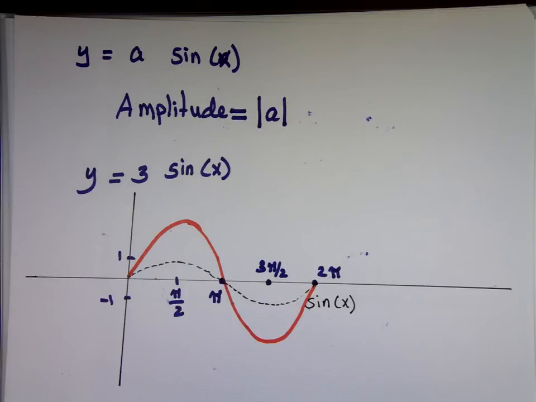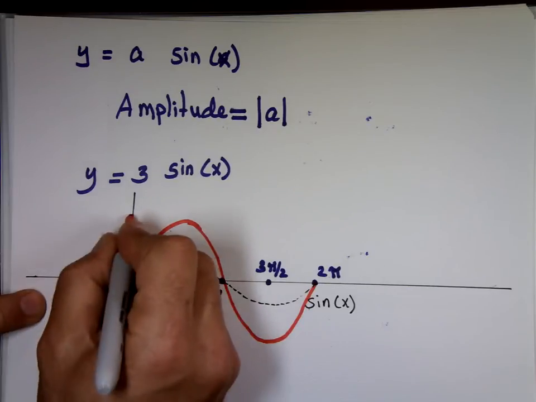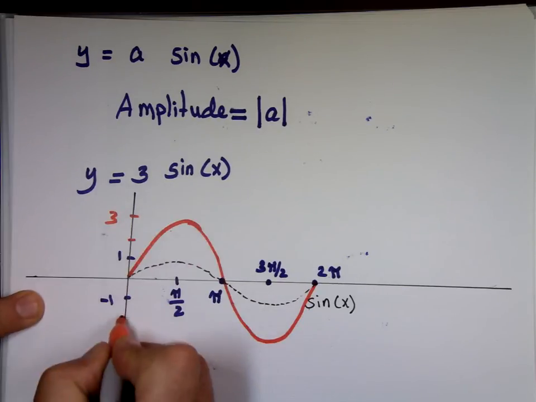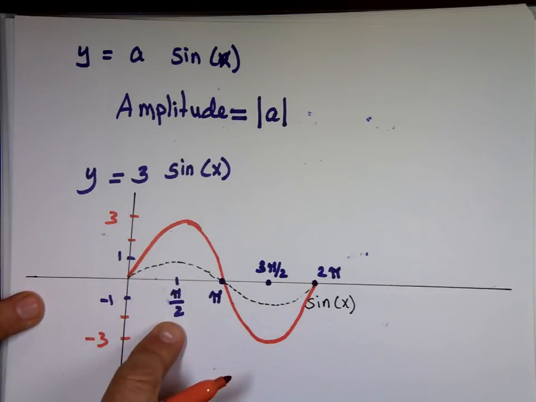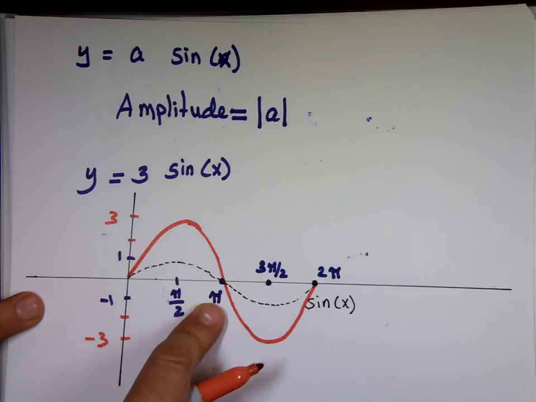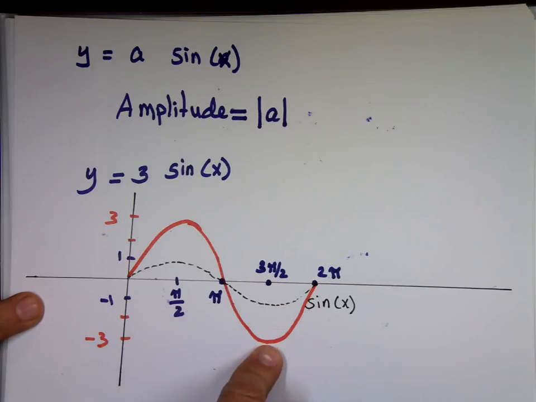It's going to make it go as high as what? 3, as low as -3. Still going to peak at the pi over 2. Still going to cross at pi. Still going to be low at 3 pi over 2 and back to 2 pi. These numbers don't change. So it's the same thing. So that's what the amplitude does.